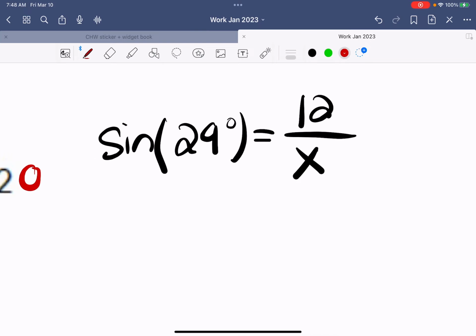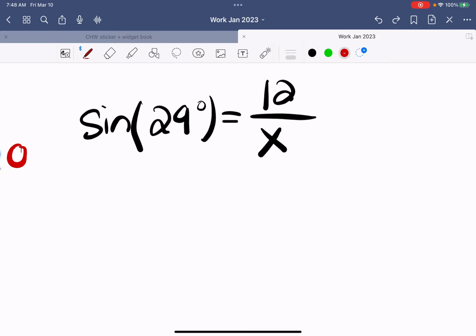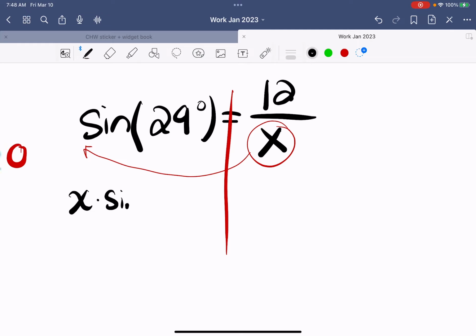This one, because the 12 is not at the bottom, you don't just move it to the front. You're not going to move 12 to the front. It doesn't work because 12 is at the top. So for this one, I'm going to show you the work, but you don't need to show the work. So the X technically is the one that moves to the beginning. So it's X and then sin 29 equals 12.